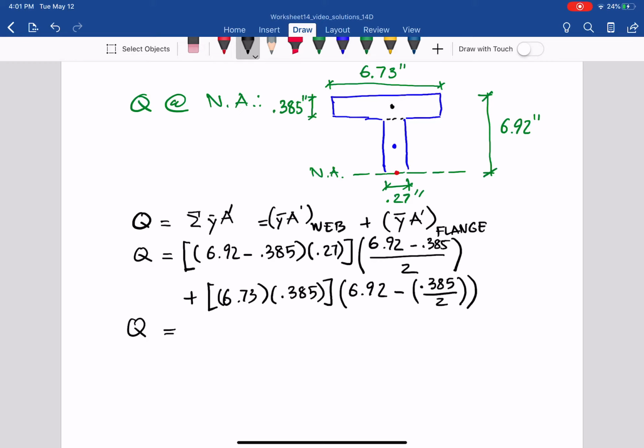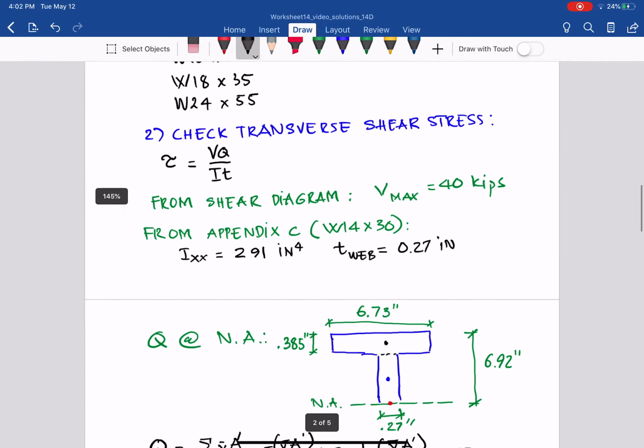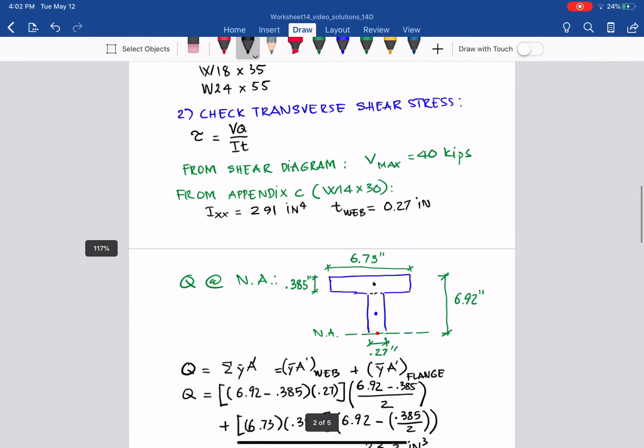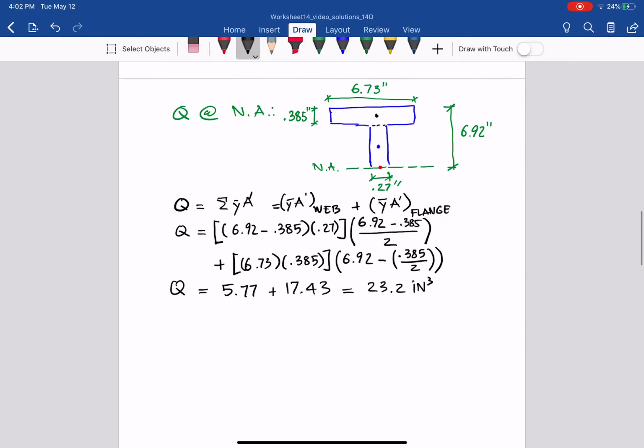Q here is at NA, so we have the first component 5.77 plus the second component 17.43, and in total we get 23.2 inch cubed. So we have V max, we have I, we have t, and we have Q. So we can plug into that equation to find the actual tau max.